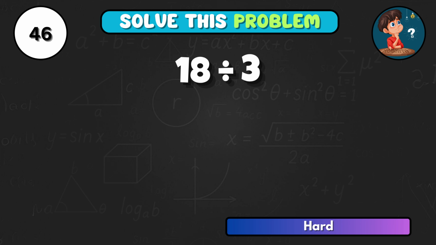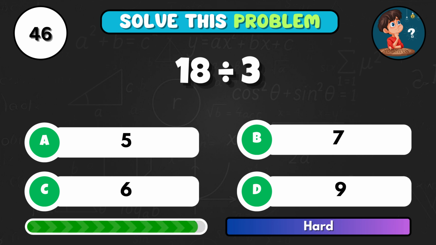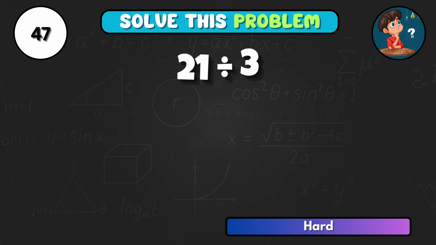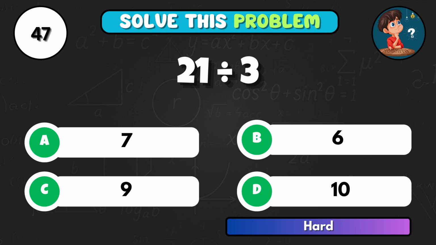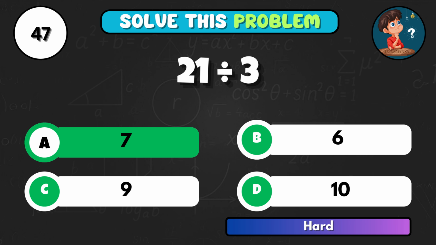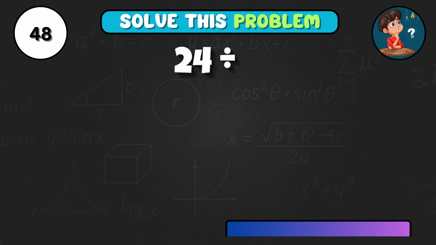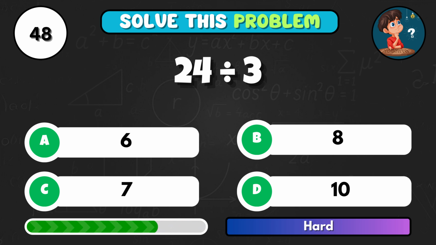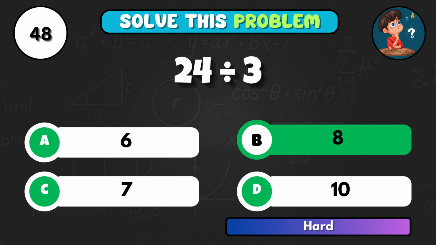18 divided by 3 equals the answer, C, 6. 21 divided by 3 gives what answer? The correct result is A, 7. 24 divided by 3 comes to that works out to be 8.